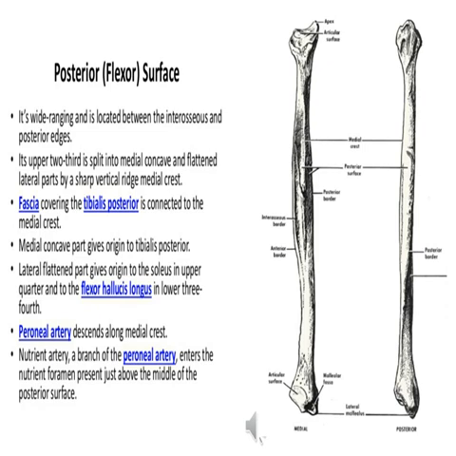The nutrient artery, a branch of the peroneal artery, enters the nutrient foramen just above the middle of the posterior surface. So that is the nutrient artery of the fibula.